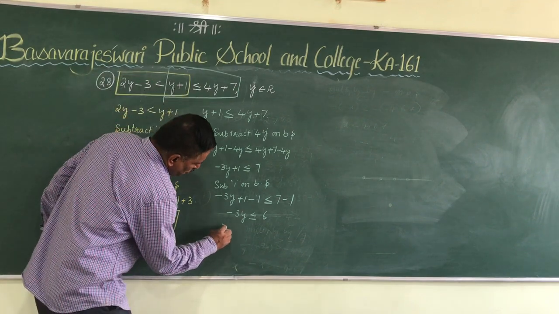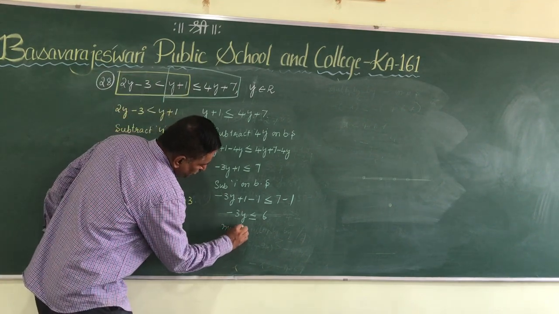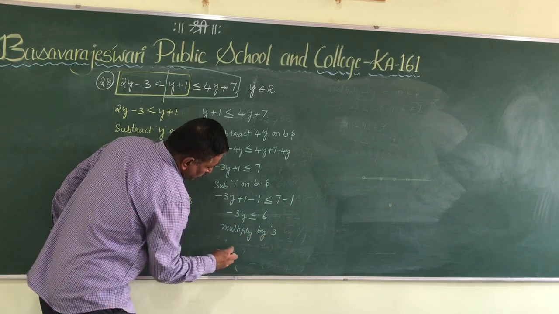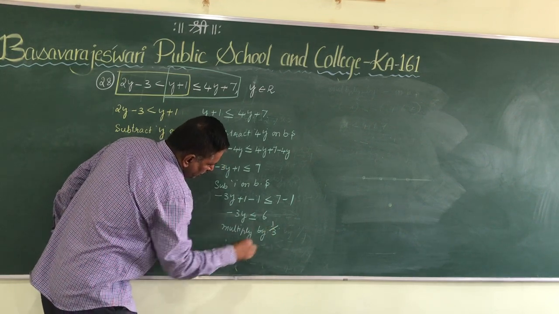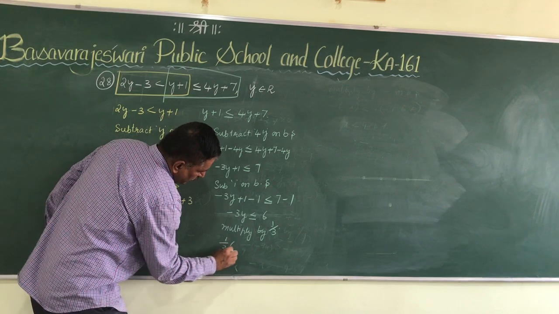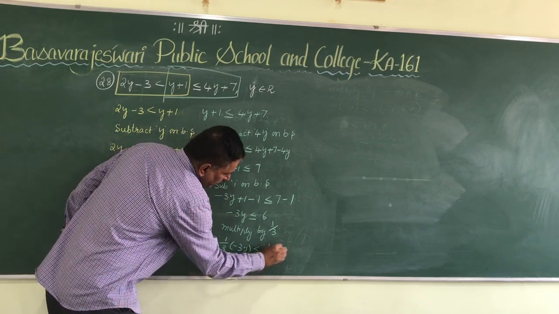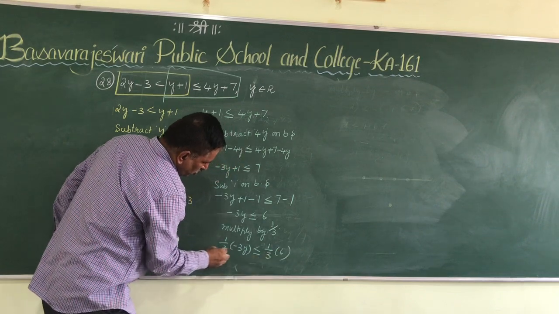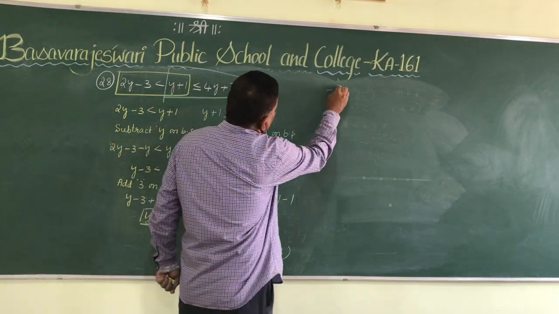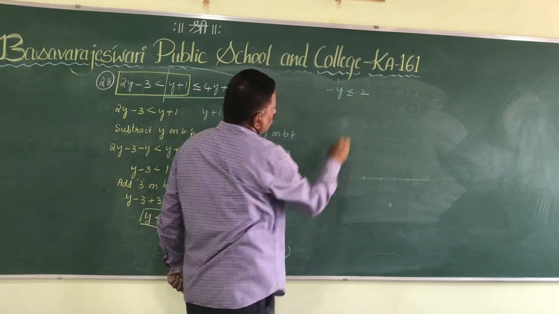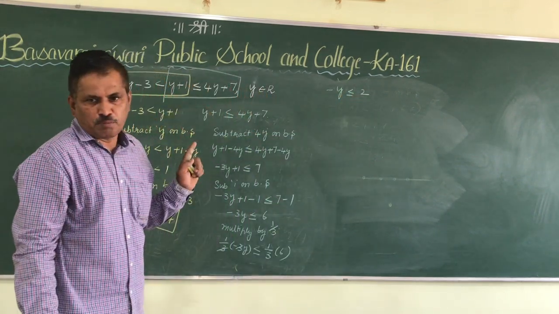So what should I do? Multiply by 1 by 3. 1 by 3 into minus 3y is less than or equal to 1 by 3 into 6. So I will get minus y is less than or equal to 2. Y should not be negative.